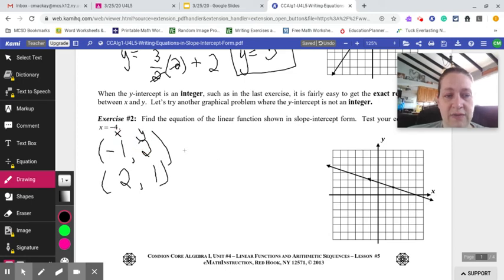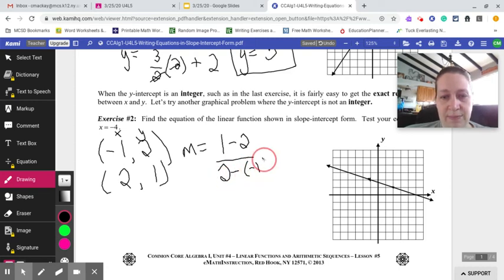So I'm going to figure out my m, which is my change in y over my change in x. So 1 minus 2 over 2 minus -1. 1 minus 2 is -1. 2 minus -1 is 3. So my slope is -1/3.